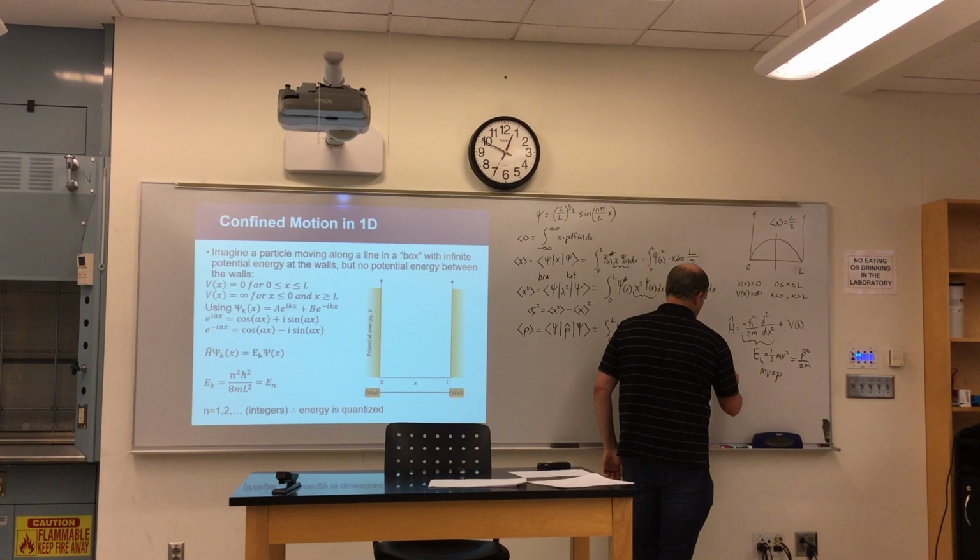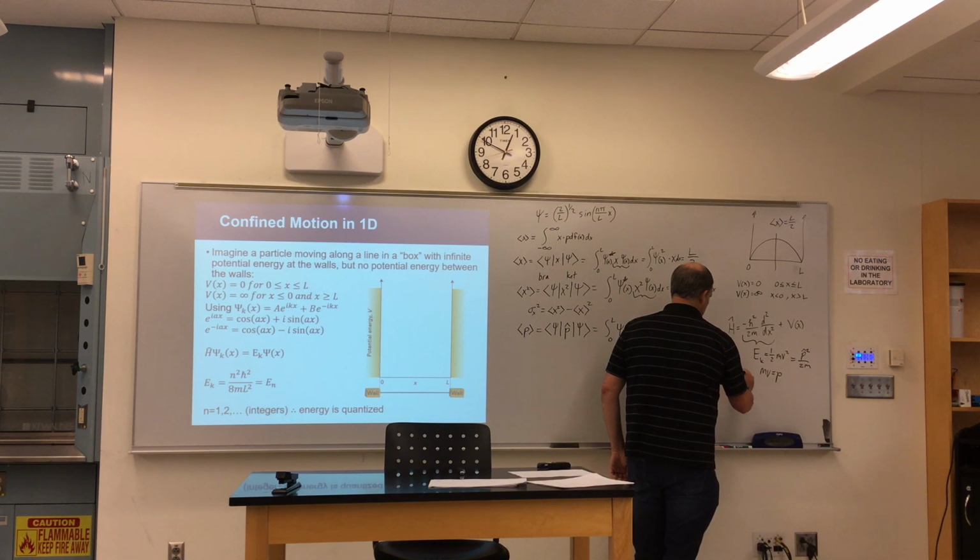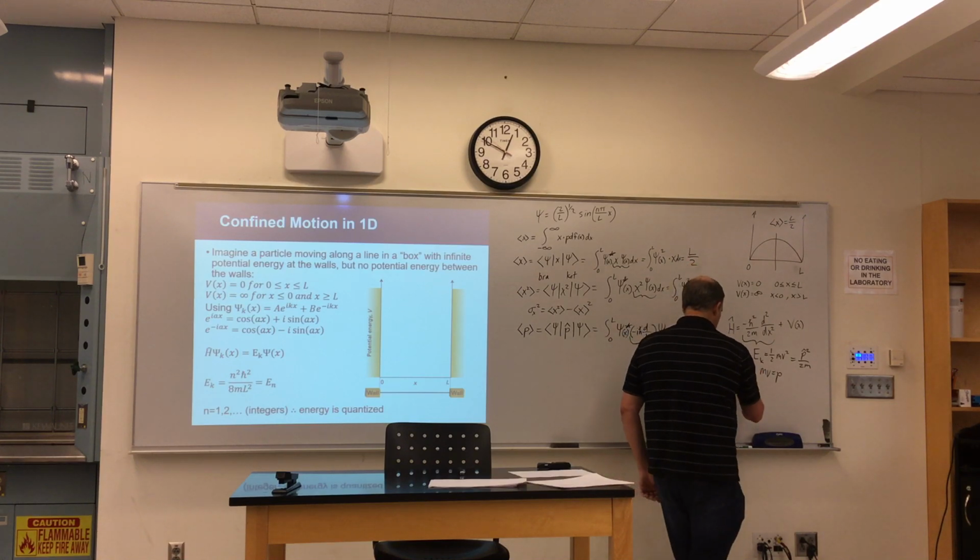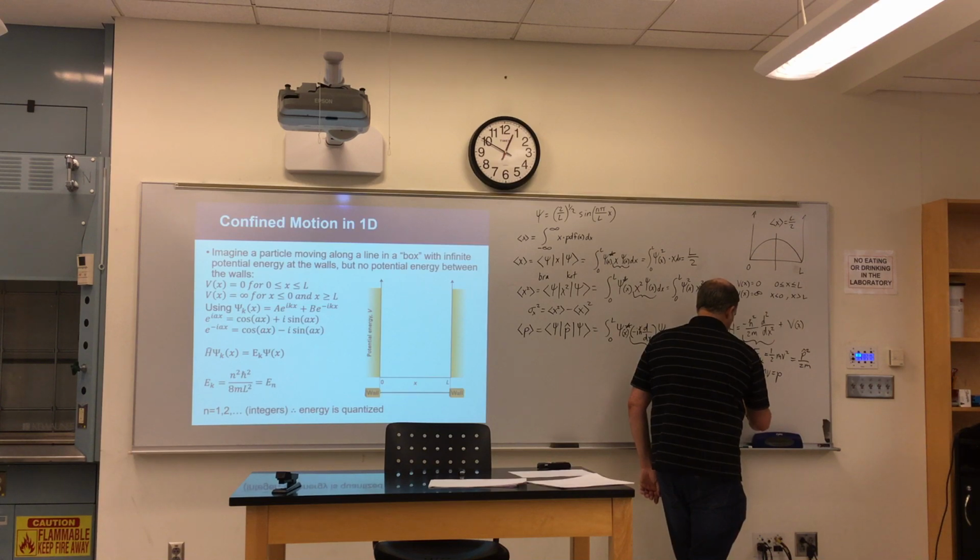Which would be minus i h bar d dx applied to minus i h bar d dx. The two negatives cancel out, so you'd be left with i squared h bar squared d squared dx squared. So that would be p squared.